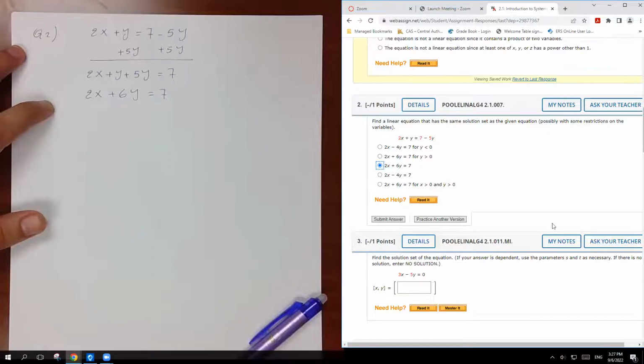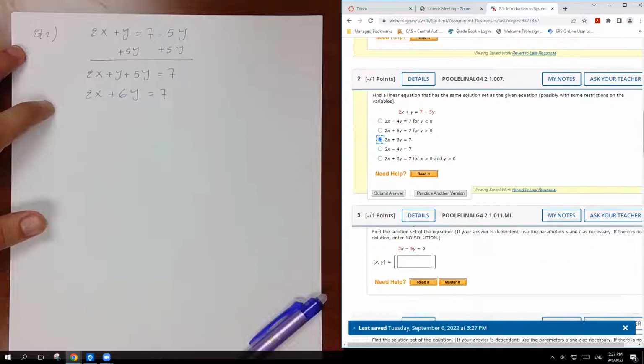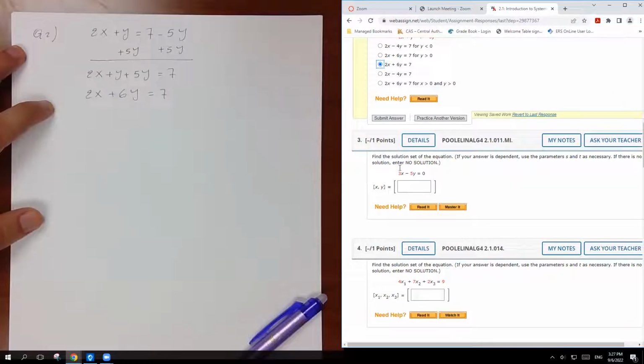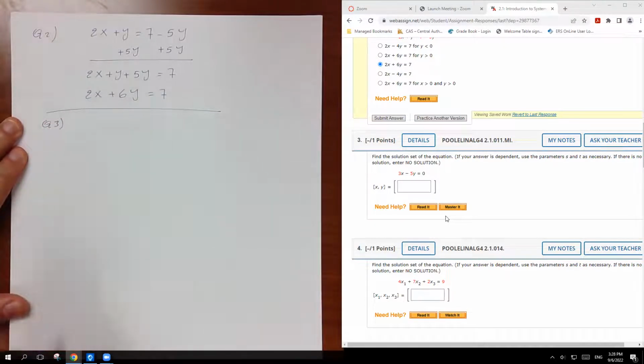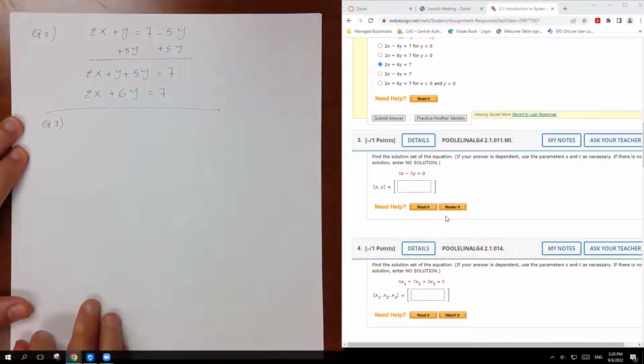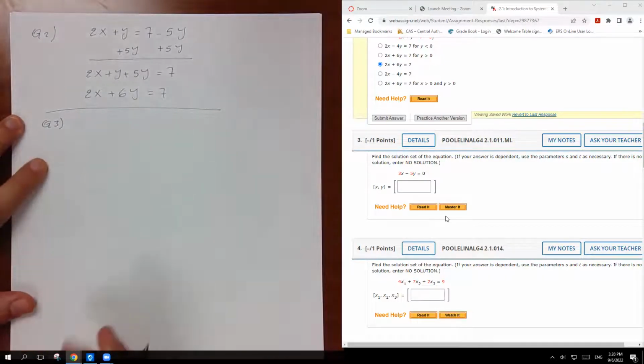Let's go to the next one. Find the solution set of the equations. If your answer depends on parameters, use the parameters s and t if necessary. We need to find a solution set for this one. So how are we going to find the solution set? We're going to solve the equation for one of the variables.